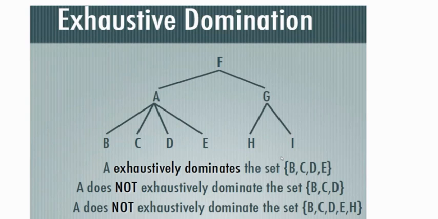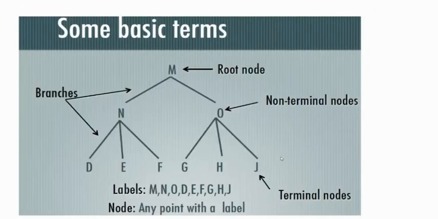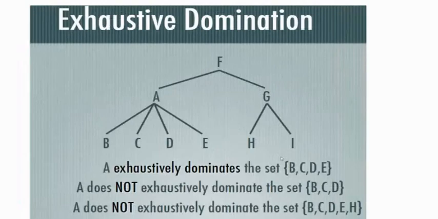Well, maybe you can make that generalization. A is a noun phrase because it always works like that, NP, VP, maybe. But what exhaustive domination means is this: the non-terminal node dominates the terminal nodes which are immediately under it, not on the other side. But you can make that generalization if you want.